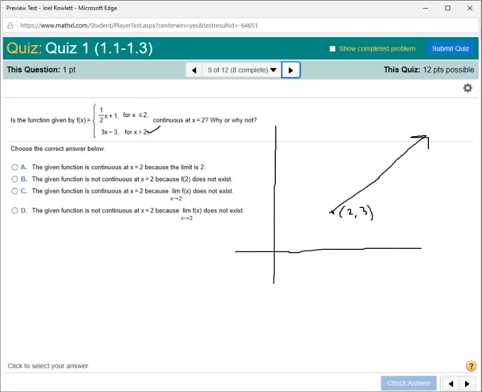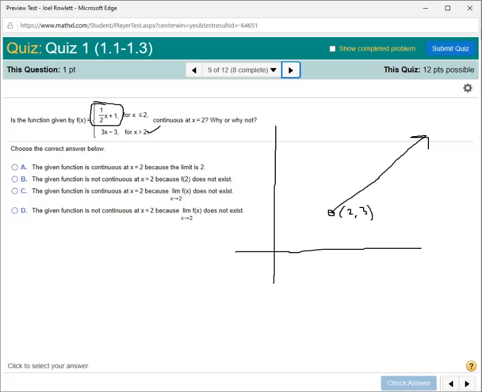And then if x is less than or equal to 2, by the way, that one is defined only for x greater than 2, so let me leave this hollowed out because it says greater than, not greater than or equal to 2. But if x is less than or equal to 2, then you're on this line here, which is a line of slope 1/2, intercept at 1. But notice if I plug 2 in, I get 1/2 of 2, which is 1, and 1 plus 1 would be 2.